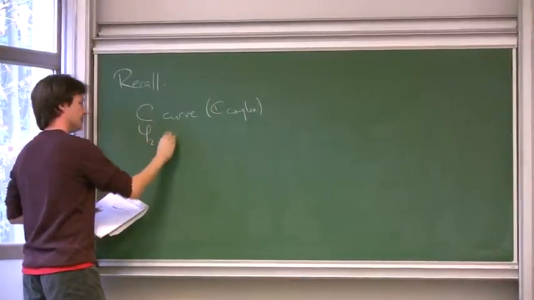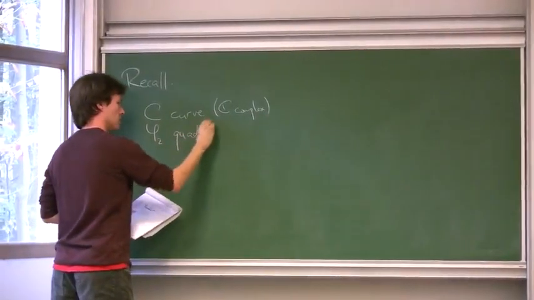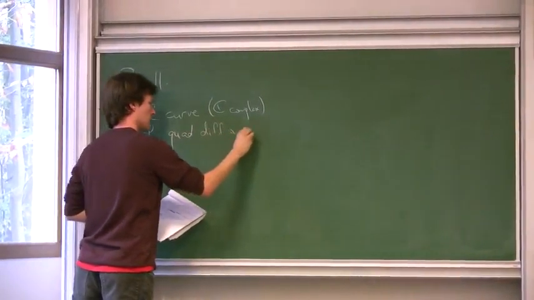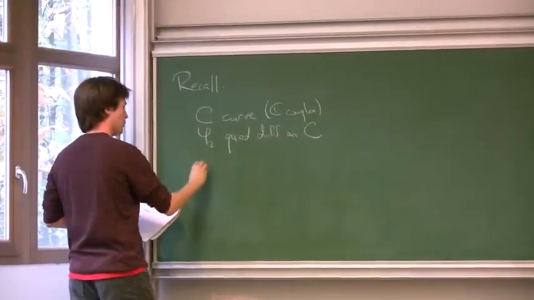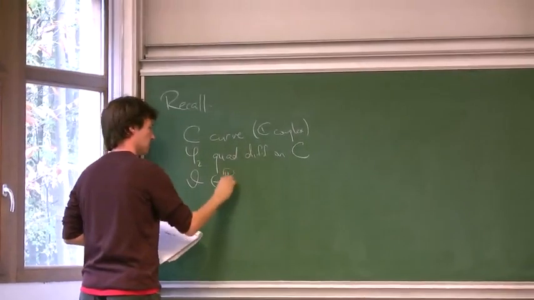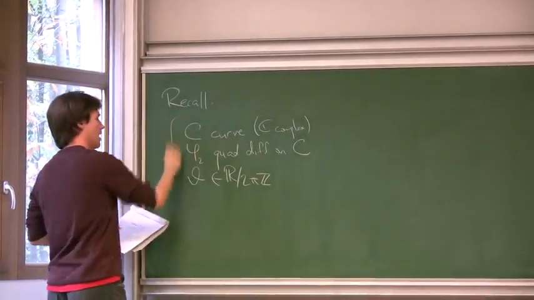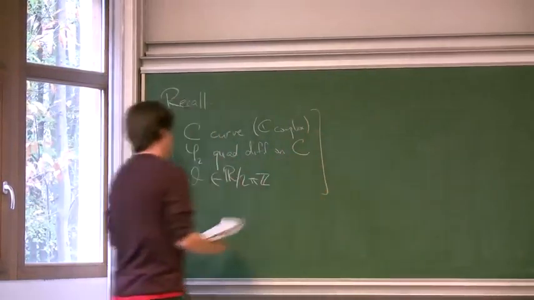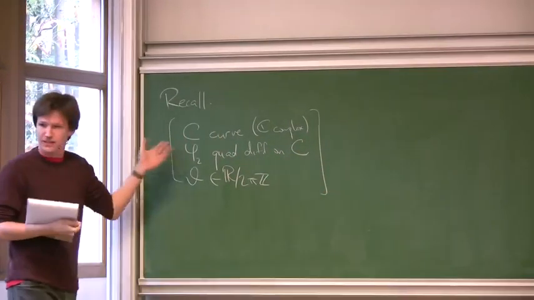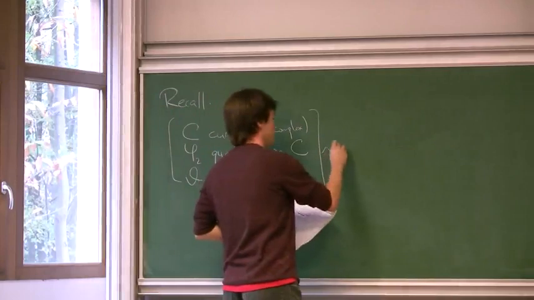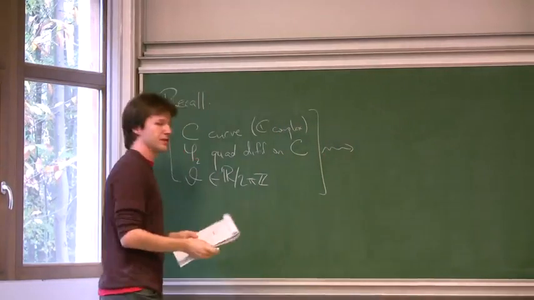We had a quadratic differential, and we had a phase. And given this rather basic set of data, we were constructing various auxiliary things.